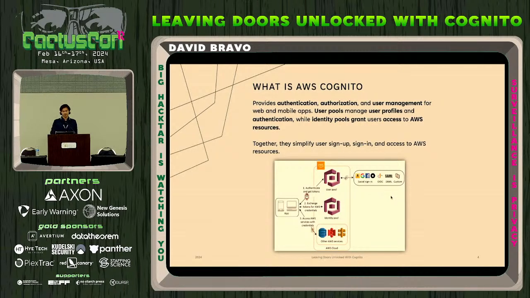And then once you've authenticated that, you can interact with the identity pool to get tokens or AWS credentials to actually access resources in AWS. So for example, let's say you have functionality in your web application that needs to get data from an S3 bucket or put data in an S3 bucket. You can provide that authentication and authorization through these components in AWS Cognito.